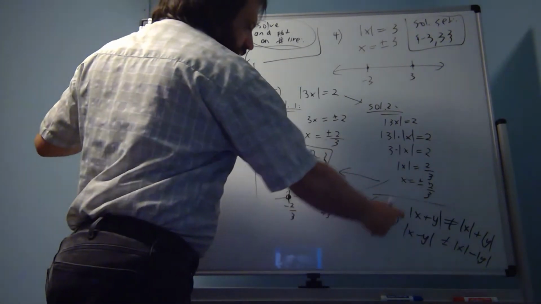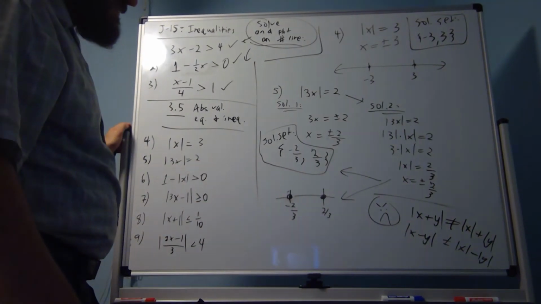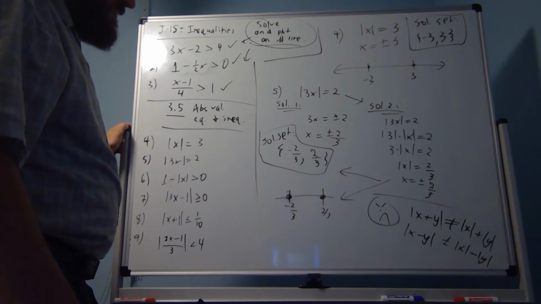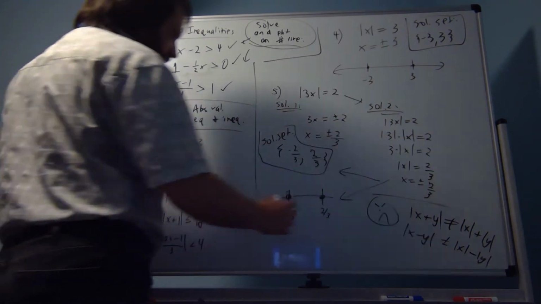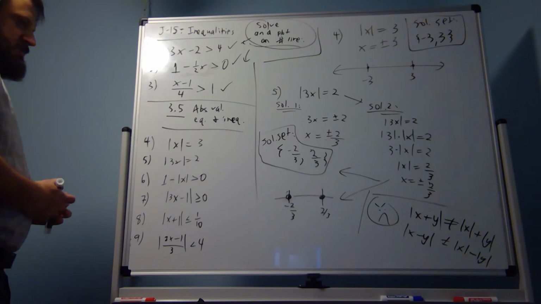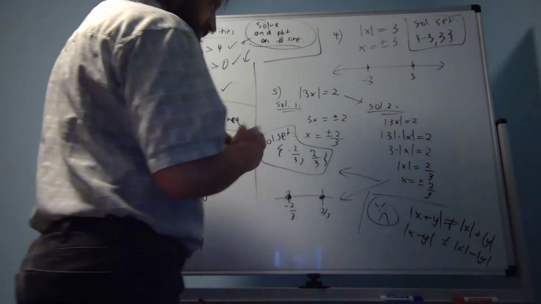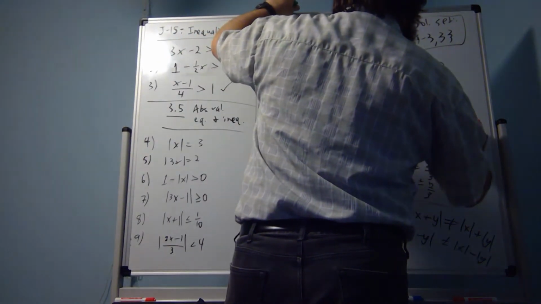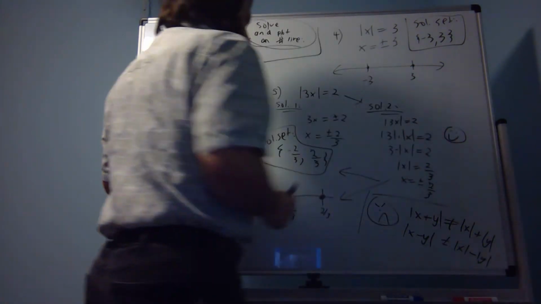Well, this one might be true if x and y are both positive and the absolute value doesn't do anything, for example. But it's not a useful thing to assume, because usually it's not true when you want it to be true, and then it just doesn't help you. There's no reason why it should always be true. So don't count on that. It's just not a thing. Multiplication, that's totally fine.